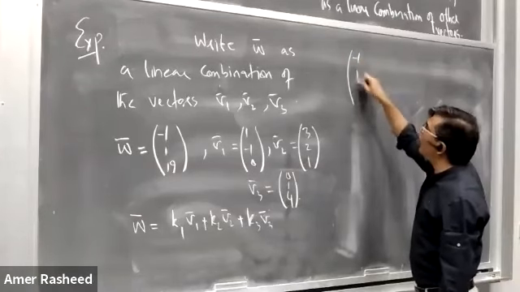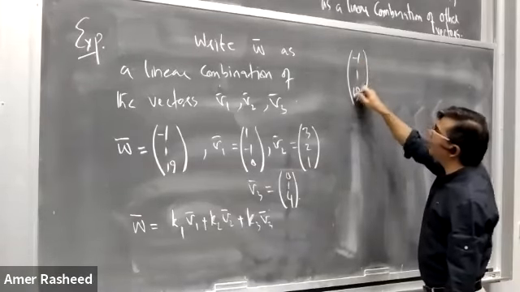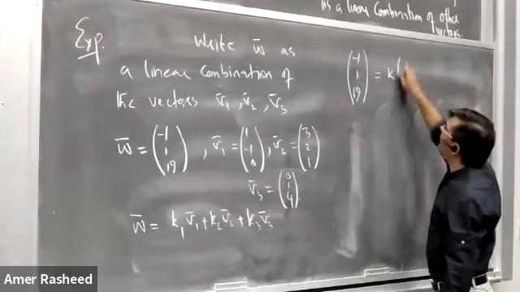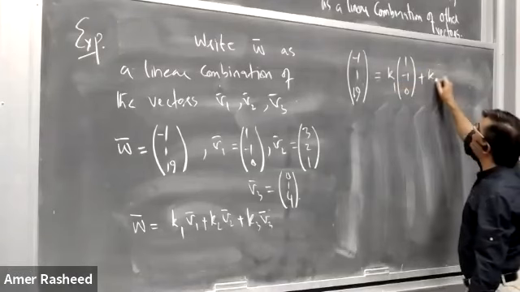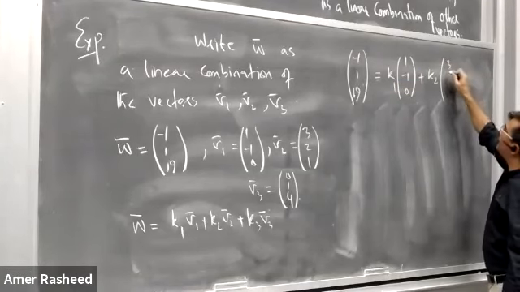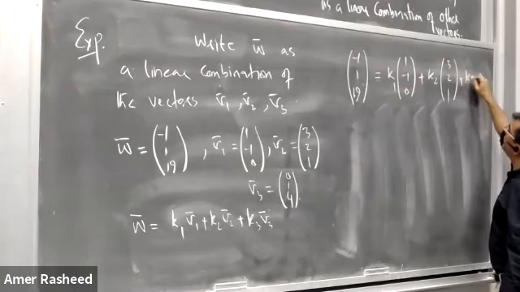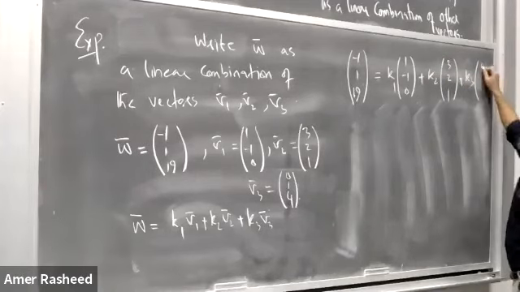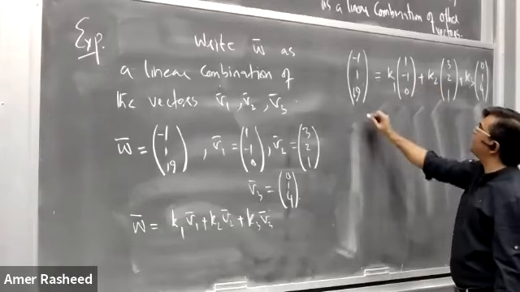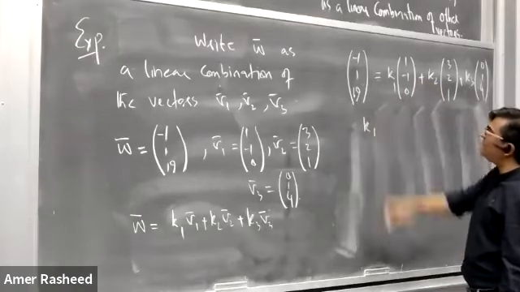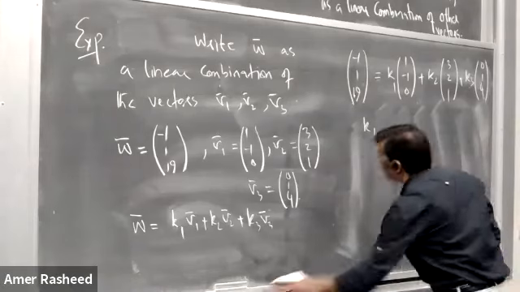It is -1, 1, 19, K1 times 1, -1, 0, plus K2 times 3, 2, 1, plus K3 times 0, 1, 4. Okay. Now this is what? This is a non-homogeneous linear system in K1, K2, K3.